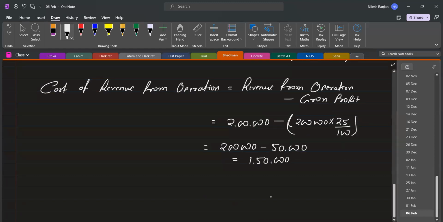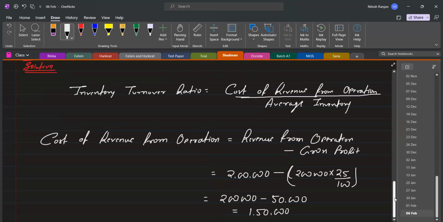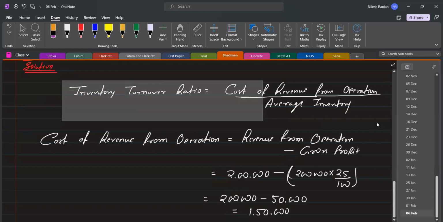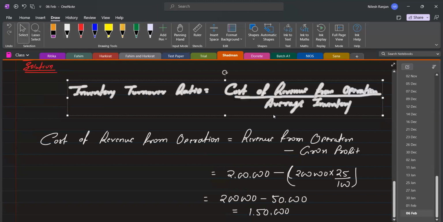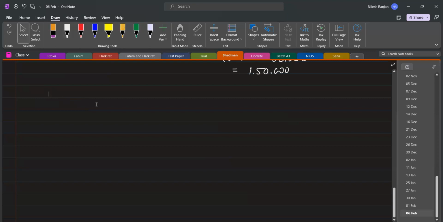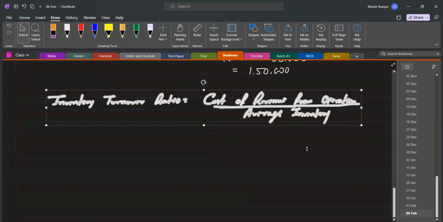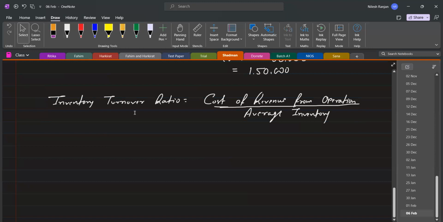Yes, sir. Now, if we apply this formula here, inventory turnover ratio is given in the question, it is 5 times. So you can write it 5 or you can write 5 by 1. Cost of revenue from operation, we have already calculated, it is 1,50,000.